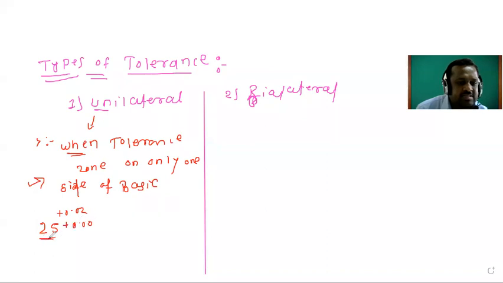See, this is the basic size. 25 is our basic size, and we are showing the dimension on only one side. Either we have to show on the positive side, or only on the negative side.